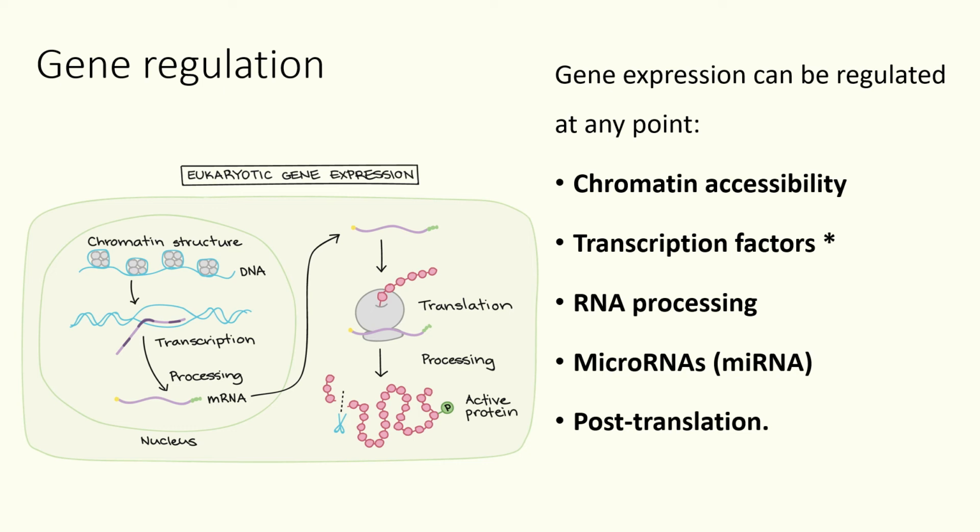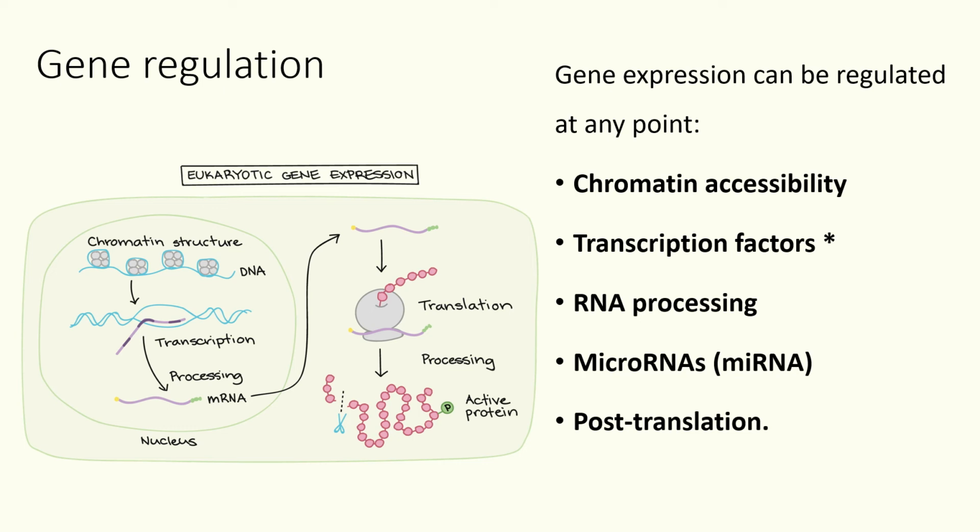The first step is basically stopping the DNA from unwinding from the histones, so that if we can't unwind that DNA, we can't read it to transcribe it. Okay, so chromatin accessibility is the first opportunity to regulate gene expression.